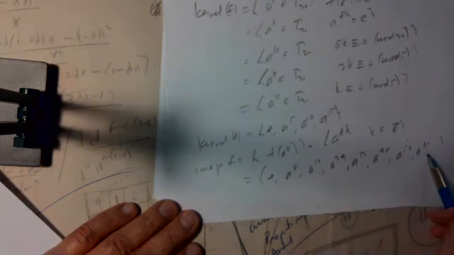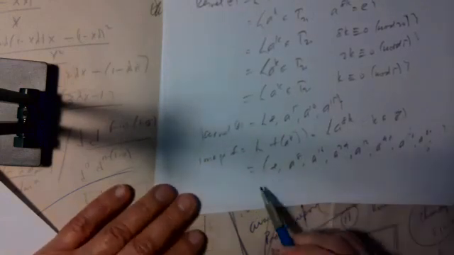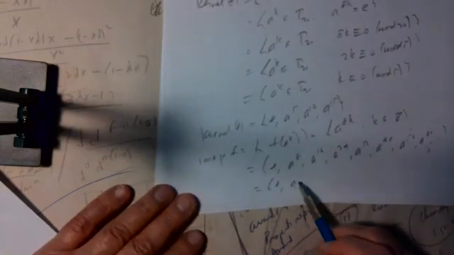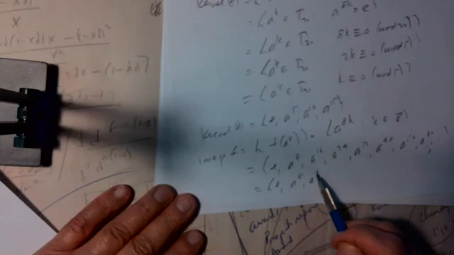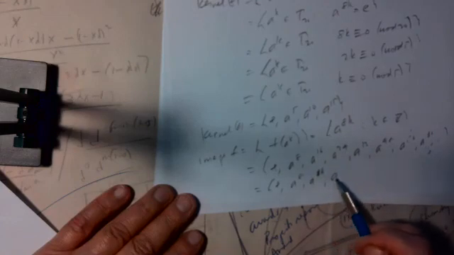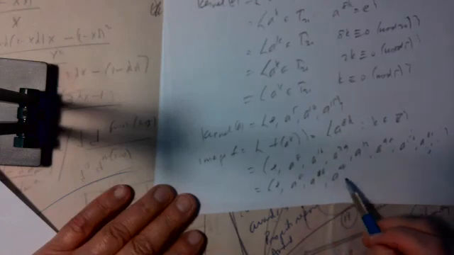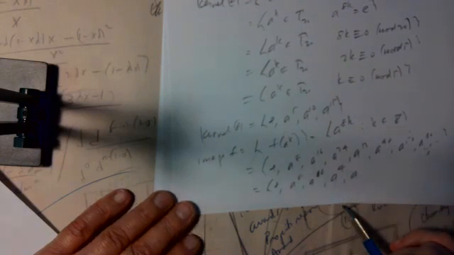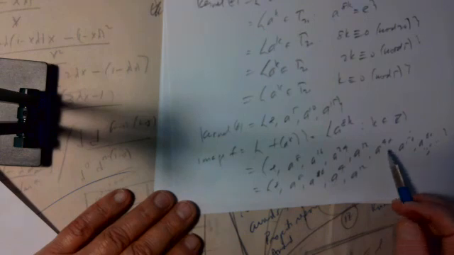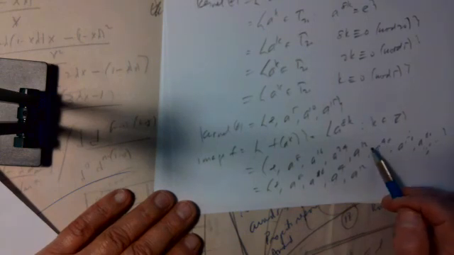But of course, this is the identity, and this is e, a to the 8th, a to the 16th, a to the 24 is a to the 4, a to the 32 is a to the 12th, and a to the 40 is back to the identity.